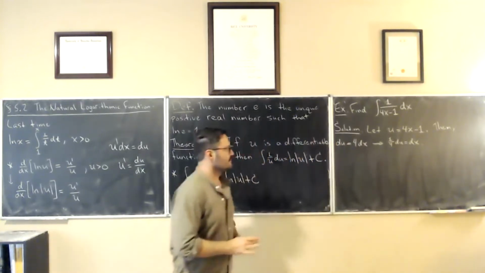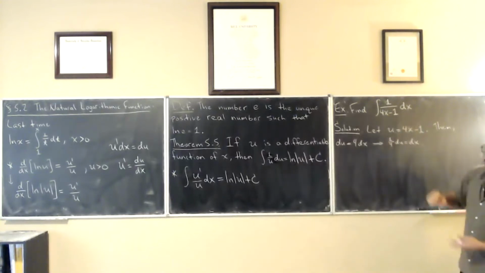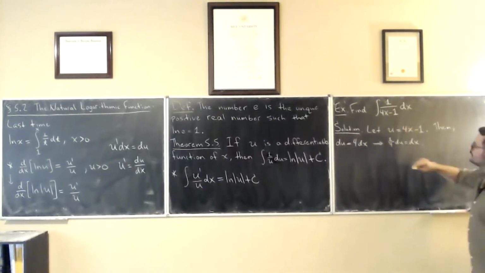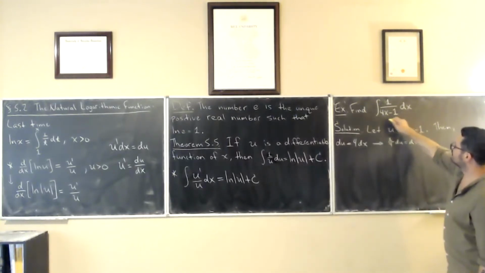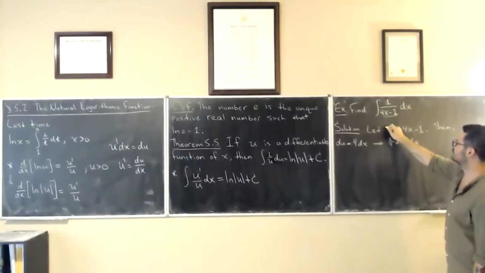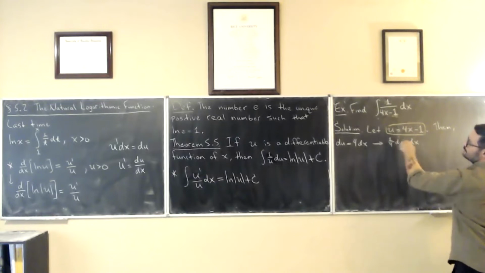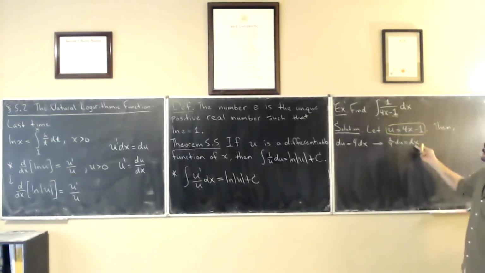Now, you might be wondering why I'm doing all this. I'm trying to find this integral. Well, I have now this here, 4x minus 1, that's equal to u, so I can replace 4x minus 1 by u, and then dx is equal to 1/4 of du.